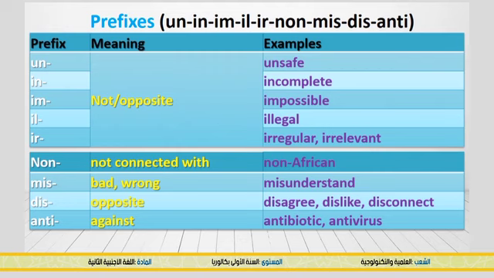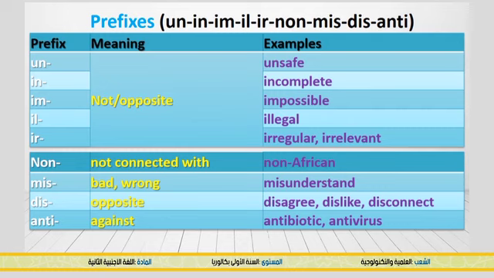Non, mis, dis, and anti. So non means not connected with. Example, we say non-African. Mis means bad or wrong. We say, as an example, misunderstand. Dis means the opposite.